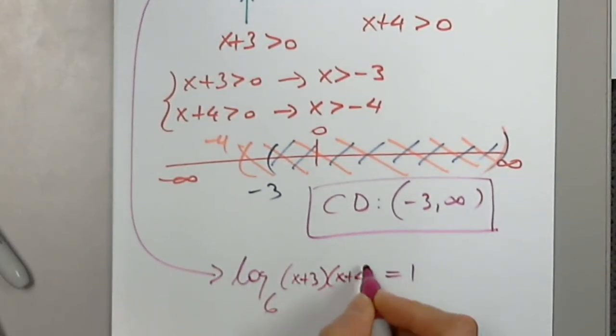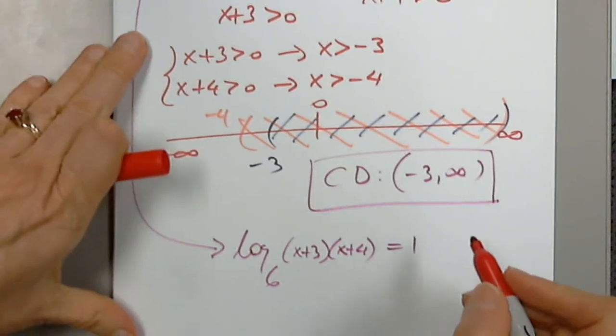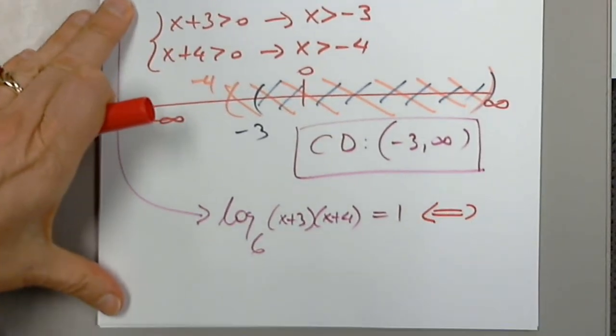Awesome. This is indeed log applied to a product is the sum of logs. Sum of logs converted back to log applied to a product. Awesome. Only now I can change this into an exponential equation.